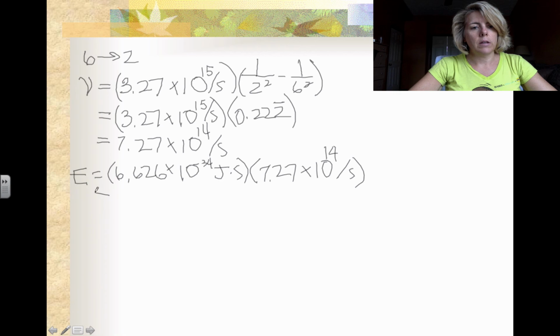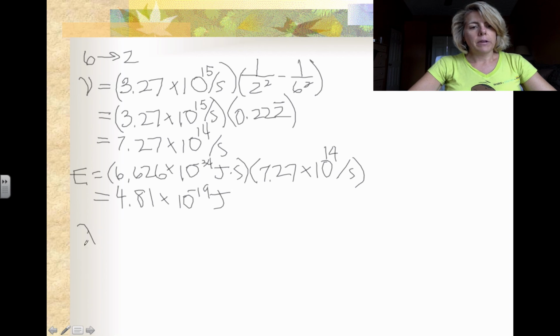And the energy is essentially 4.81 times 10 to the negative 19 joules.